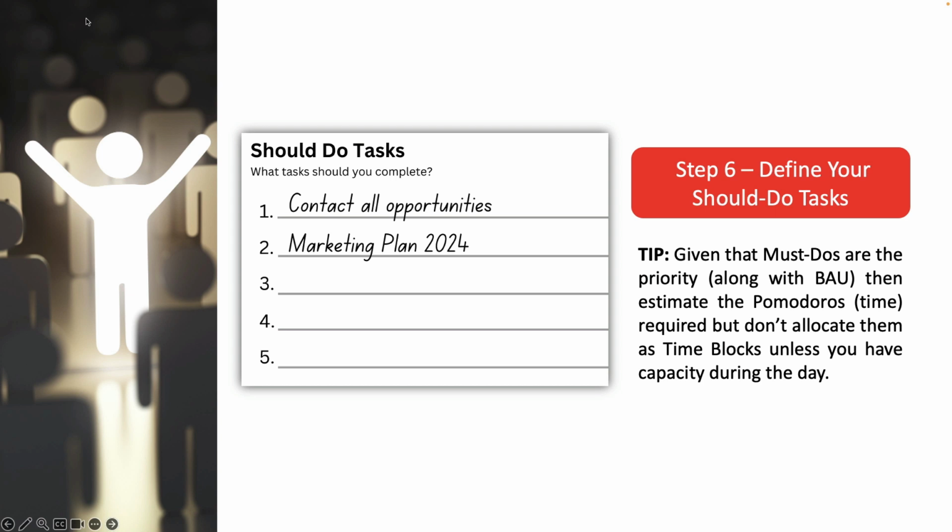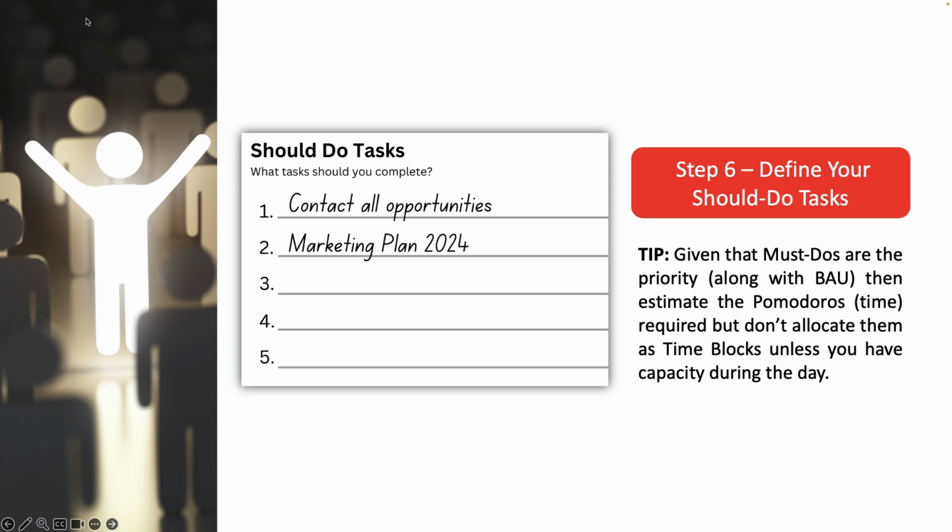Business as usual stuff fits in, that's regular client meetings and staff meetings and all that sort of stuff. They're all business as usual things. I'm trying to get you to focus on making sure you do the strategic things you need to do to grow your business, as opposed to doing everything that's on your to-do list, because most of the time you don't need to do everything.